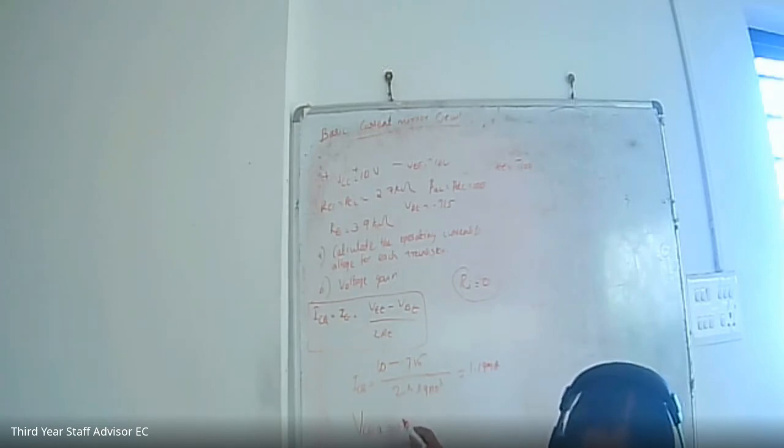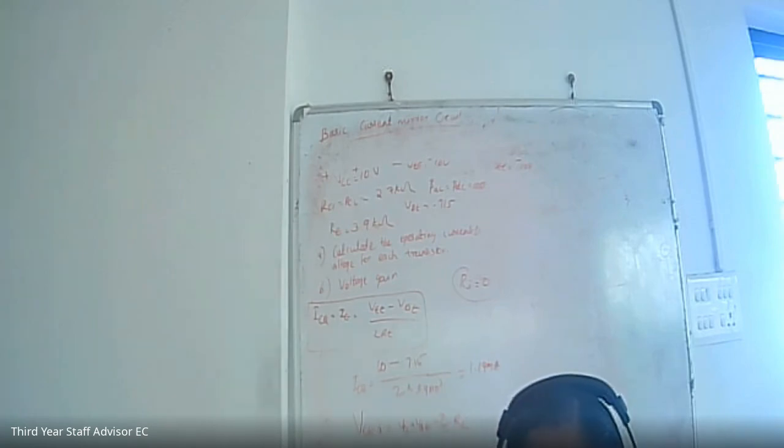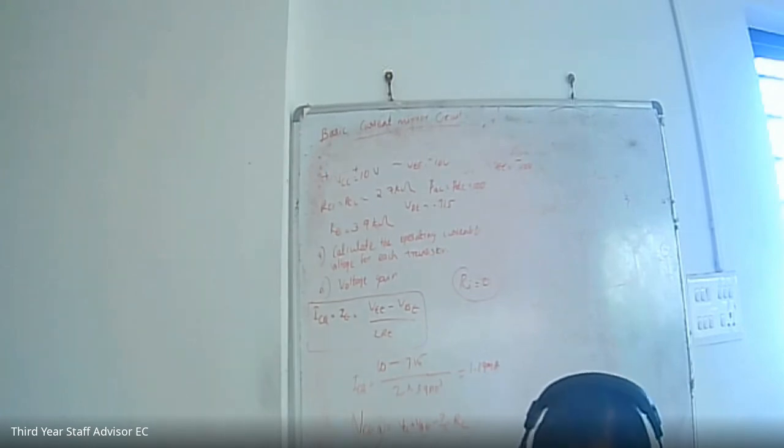VCEQ is equal to VCC plus VBE minus IC into RC. But here only VCE is asked, so it is actually VC minus VE. VCE is equal to VC minus VE.